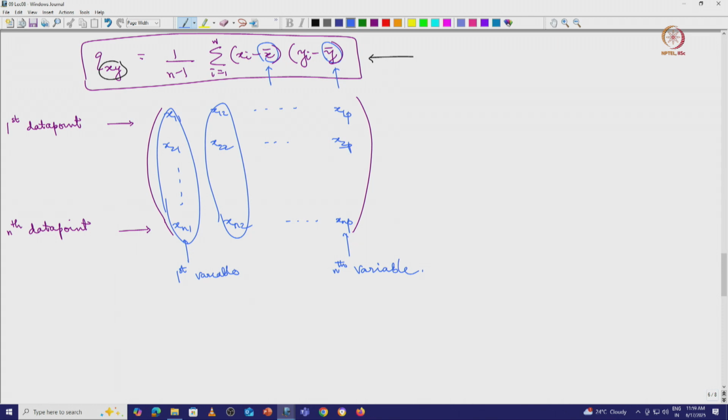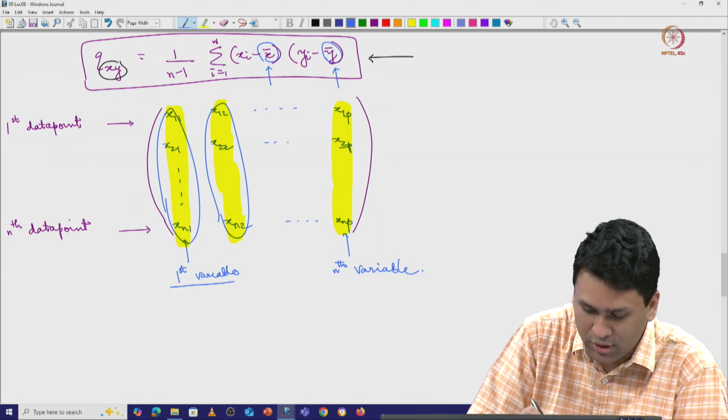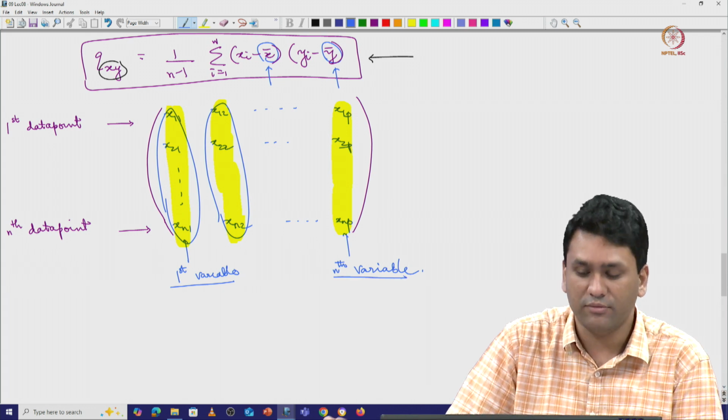To compute the mean of the first variable, we will have to average over all these data, so that is n data points. To compute the mean of the second variable, we will have to average over this column vector, and to compute the mean of the last feature we will have to compute the average of this particular column vector, and in the end you will have an average value corresponding to each variable or each feature.